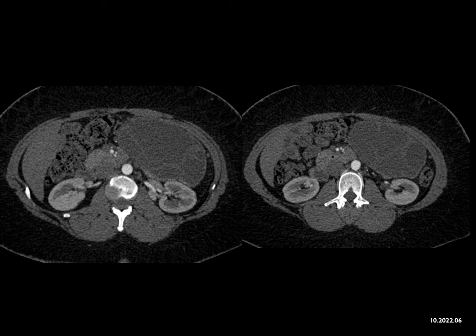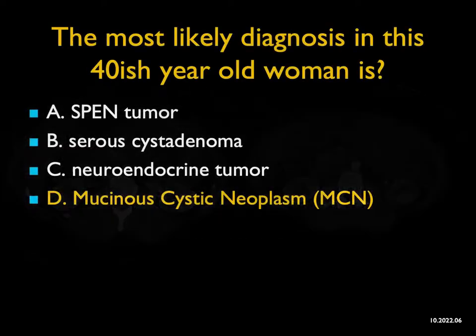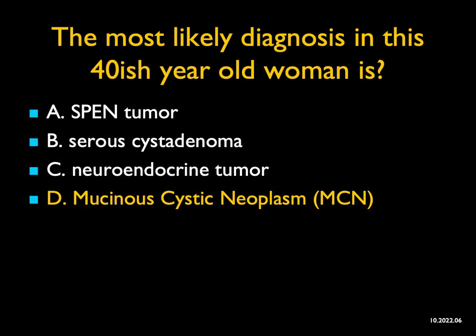Neuroendocrine tumors are typically vascular. MCNs are cystic lesions involving the body and body tail of the pancreas. They're typically cystic with some swirls, these ovarian stroma within them, and they're typically in 40-ish-year-old women. So the best diagnosis in this case, all things considered, was an MCN.